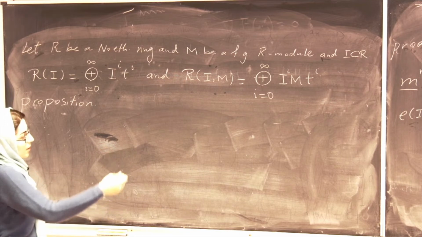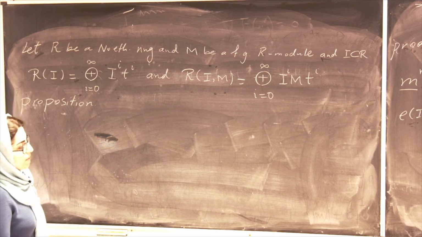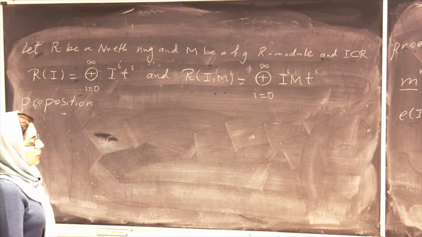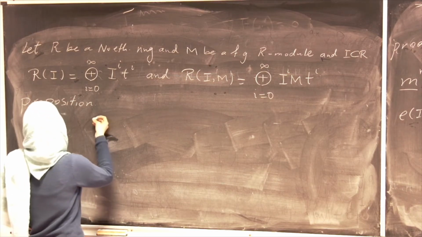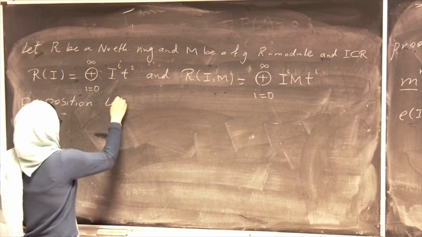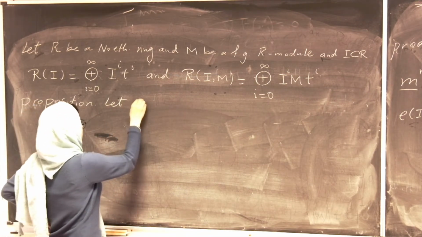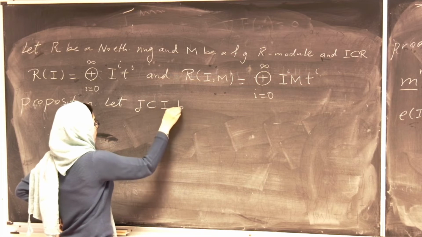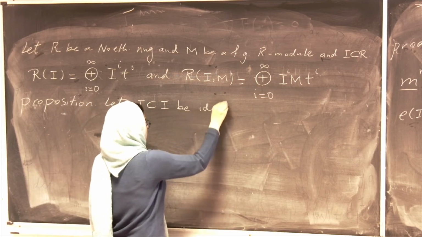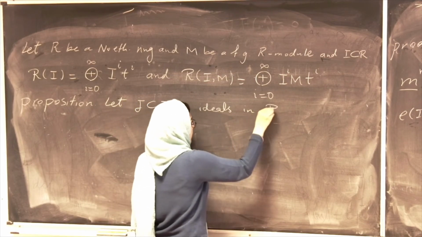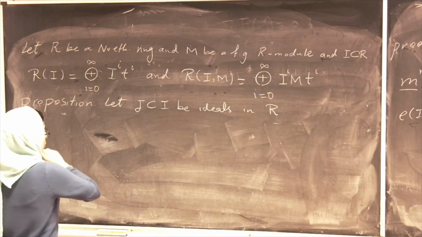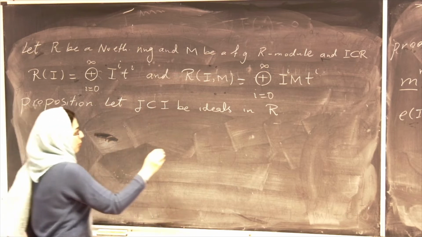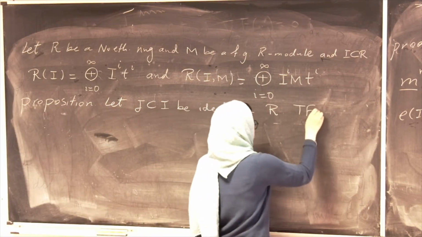And of course, because I want to have an ideal of definition of M, I should consider two ideals in R. And M, of course, is a module over this ring. Then the following conditions are equivalent.